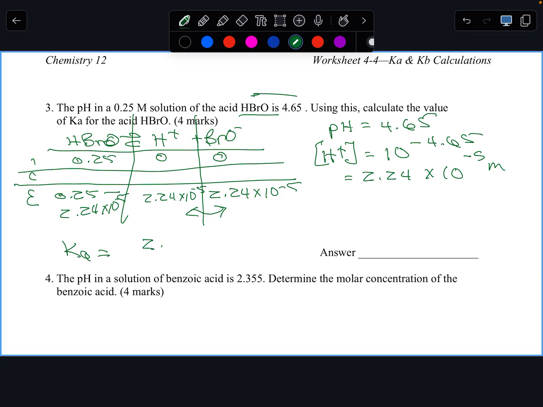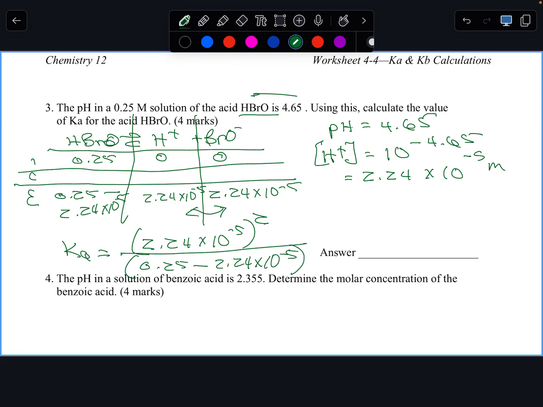So do you agree that this will be 2.24 times 10 to the minus 5th squared divided by 0.25 minus, put that in parentheses, 2.24 times 10 to the minus 5th.